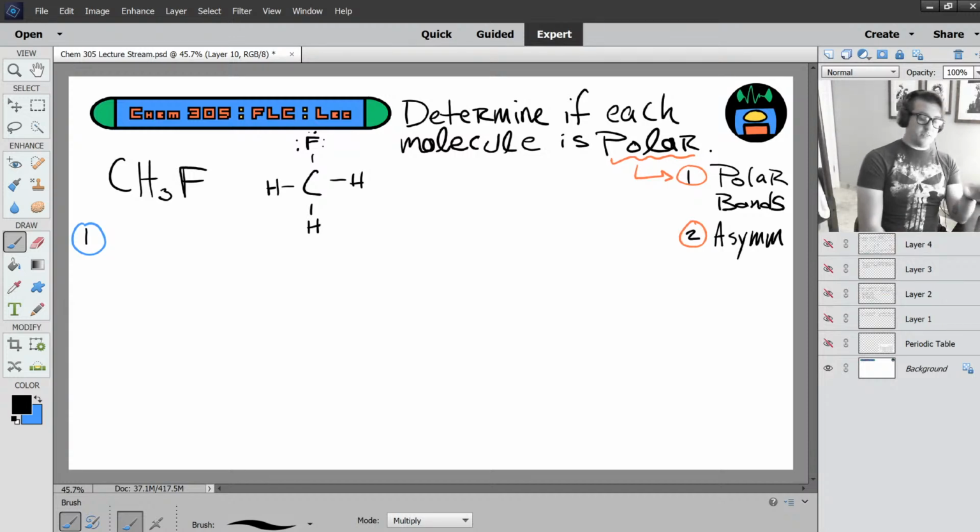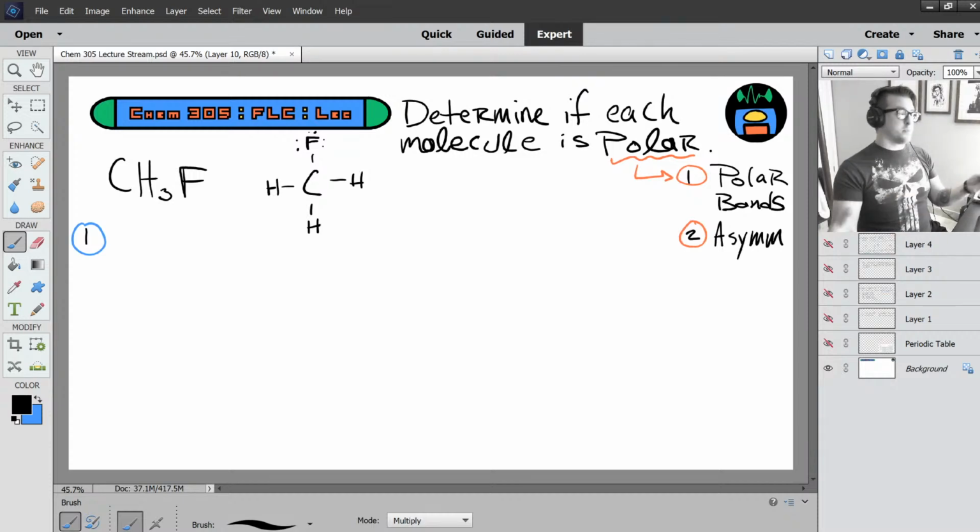The number of electron groups determines the electronic geometry.